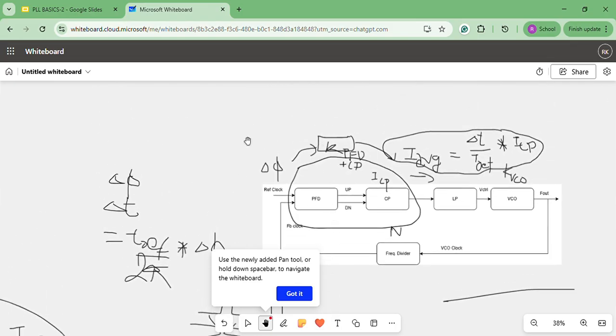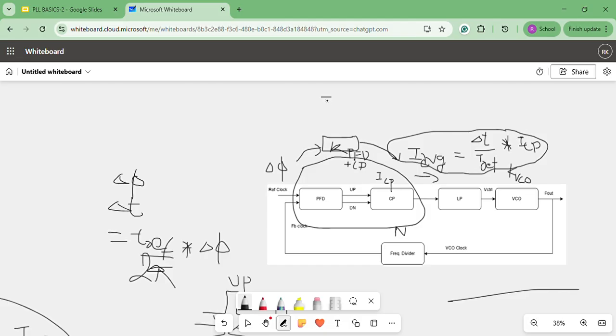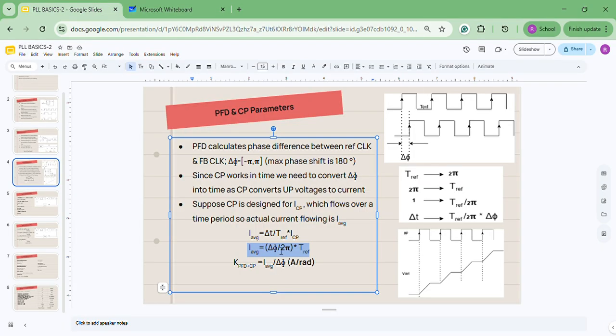What is the gain of these two blocks? ICP by 2 pi, which you can realize here also. If you see here, divide I average by delta phi and replace this T reference in terms of ICP.